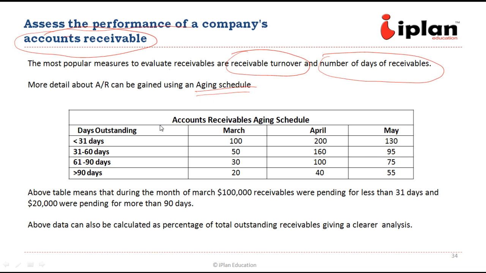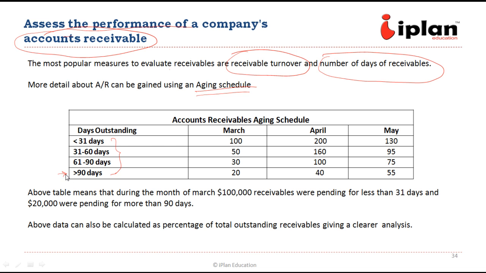In this, we put various accounts receivable in a year and their duration, and we categorize them into a few categories. For example, in this case, we have put 4 categories where days outstanding were less than 31 days, 31 to 60, 61 to 90, and above 90 days.